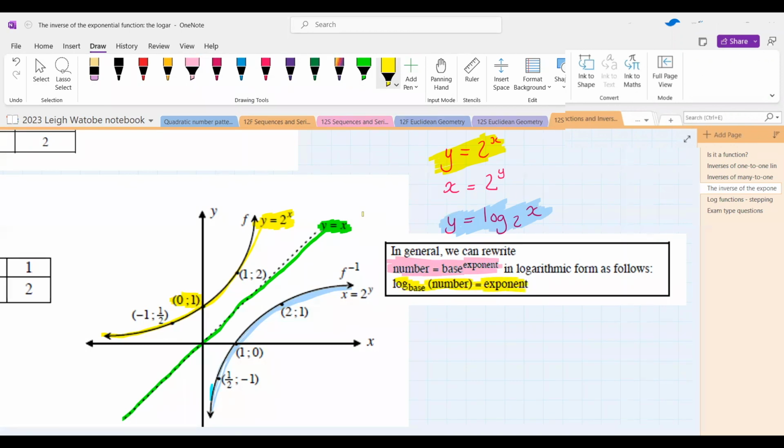Here y was our exponent, so it's now the subject of the formula: y equals log base number. You've got to be able to write something from log form into exponential form and then do the reversal as well.